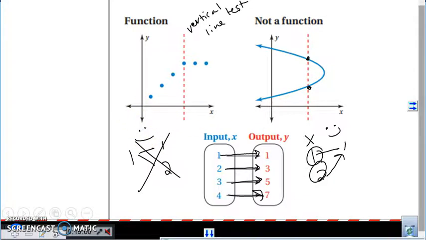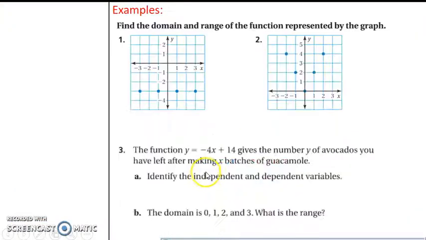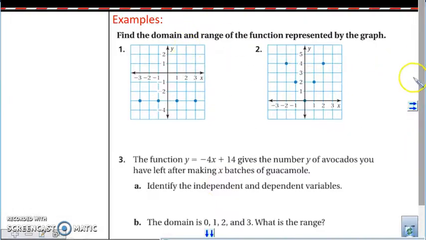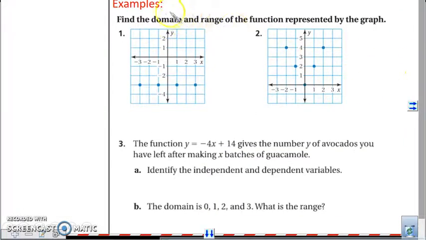All right, let's go ahead and start with our examples. Find the domain and range of the function. So first we're going to write down examples for domain and range, and we talked about this yesterday. Domain always goes with x, range always goes with y of the graph.